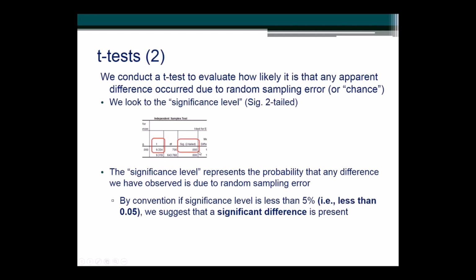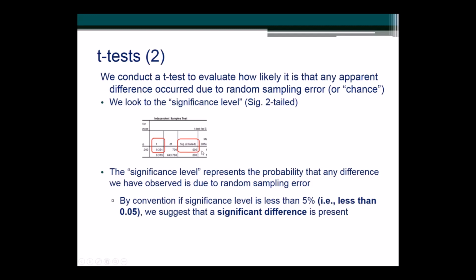Most quantitative researchers, when they run this sort of test, will instinctively look to the significance value to see whether or not that's large or small. The way we can read a significance level is like a probability. So here we've got 0.000.